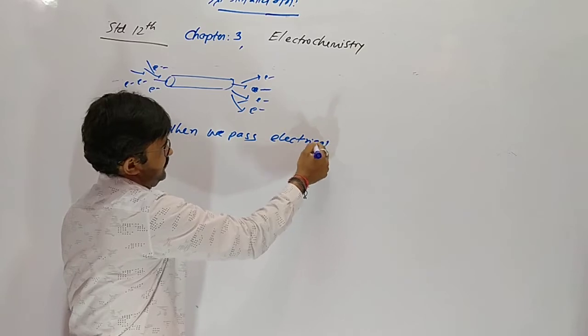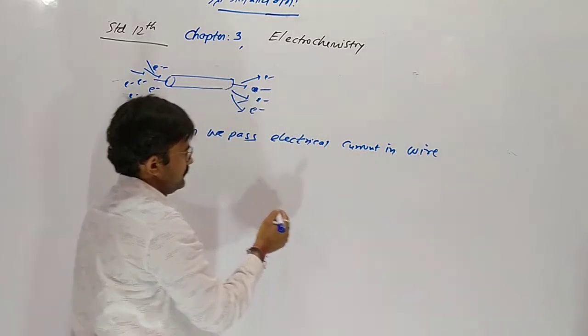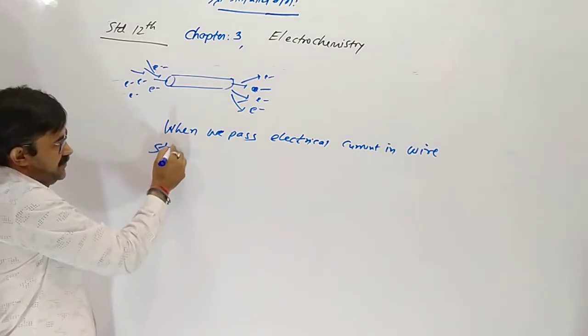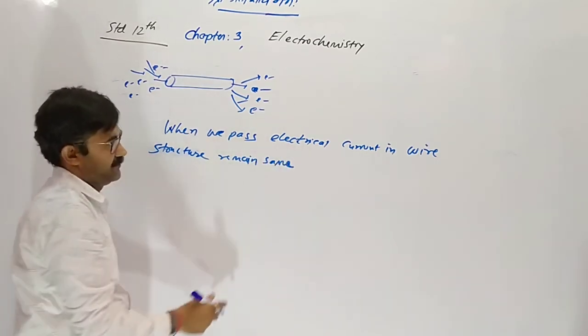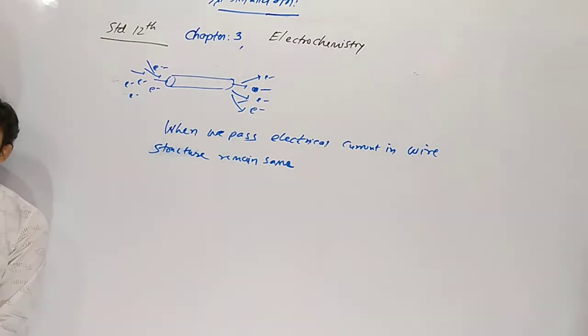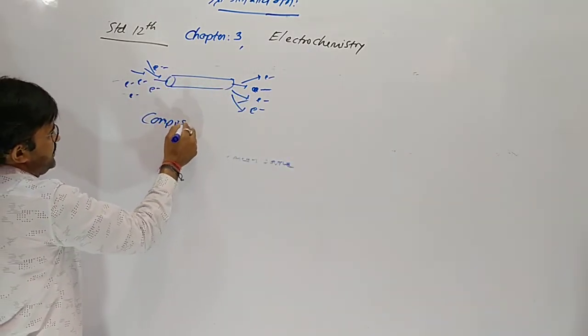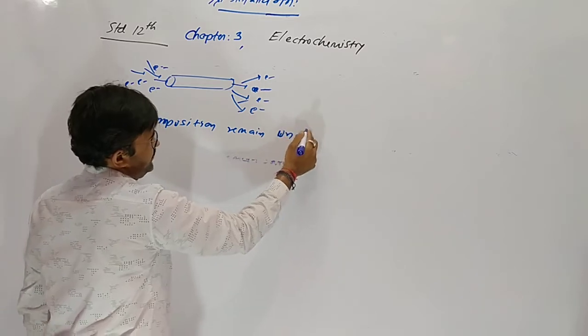When we pass electric current in a wire, the constituent particles' structure remains the same. It remains unchanged. The composition of the particles remains unchanged.